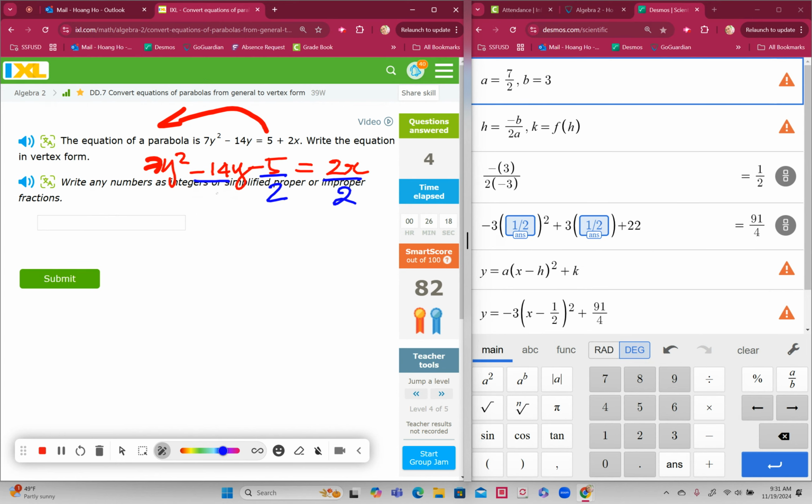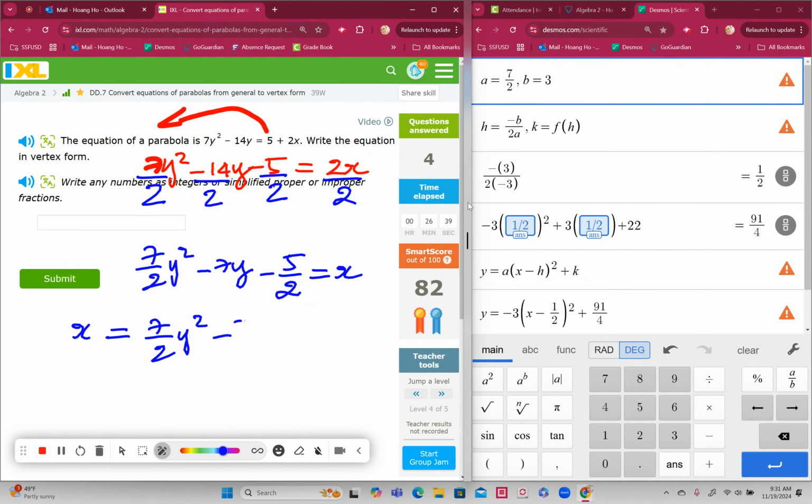Now I've got 7/2 y squared, subtract 7y, and then subtract 5/2 equals x. So I can write the x on the left side: x equals 7/2 y squared, subtract 7y, subtract 5/2.